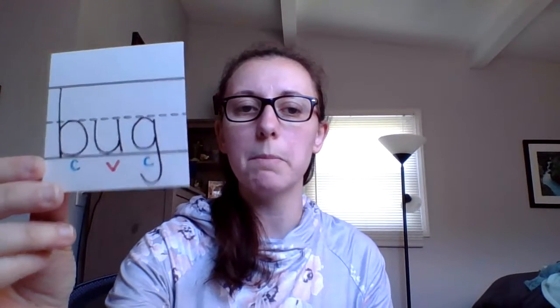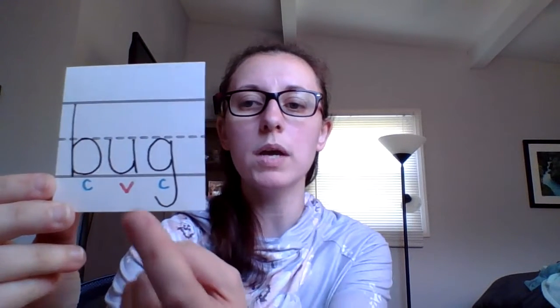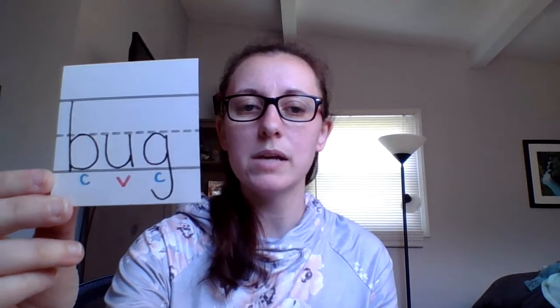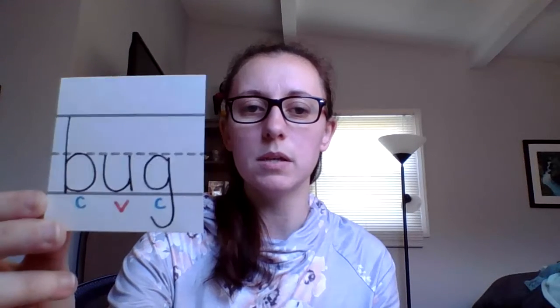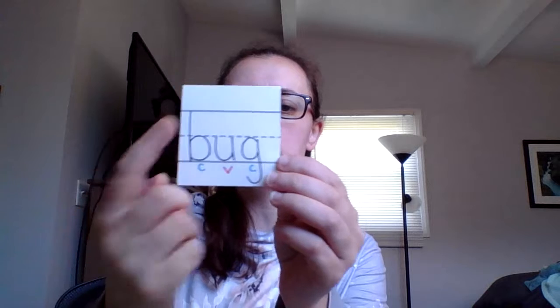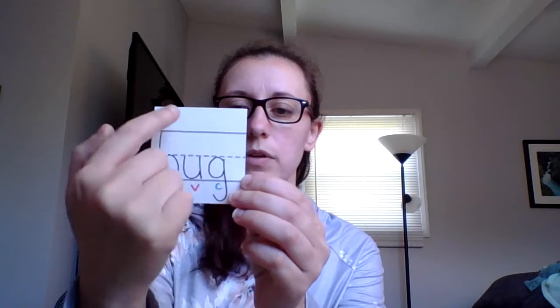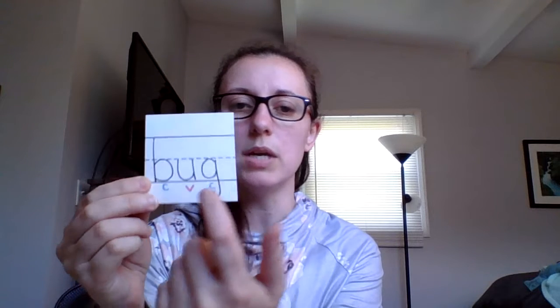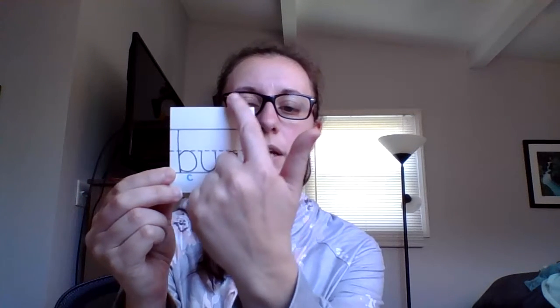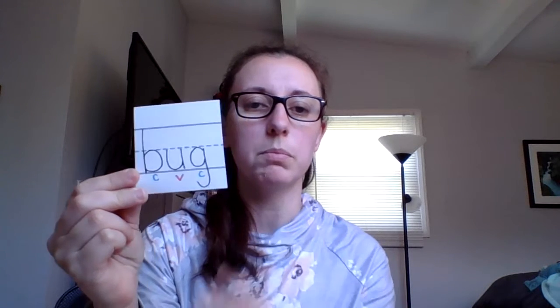So, for example, if we're looking at the word bug, there's only one vowel, so it has to be one syllable. Because if we were to cut it somewhere, even if I cut it after the B, there'd be a vowel in UG, but not with the B. If I cut it after the U, then there's a vowel in the first syllable, but there wouldn't be one in the second.